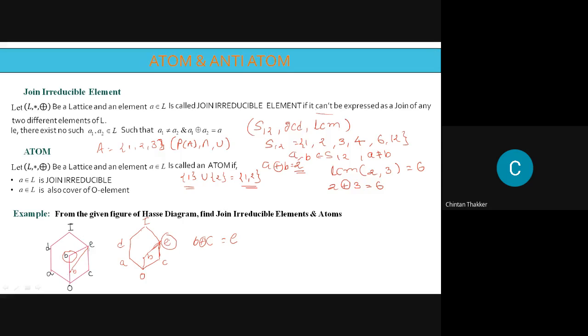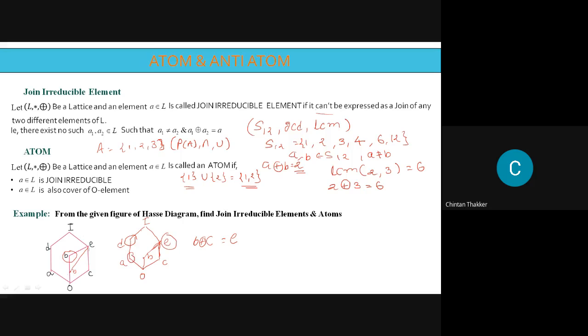So E is not a join irreducible element. From the Hasse diagram, we say that an element is join irreducible if there is only one line coming from the downside. Here in D, there is only one line.